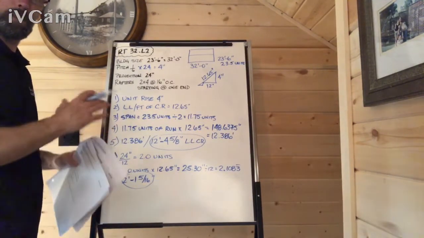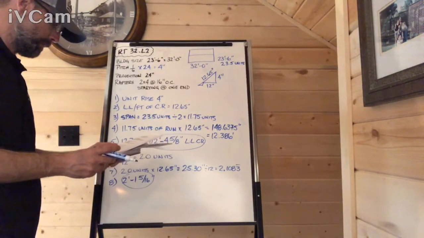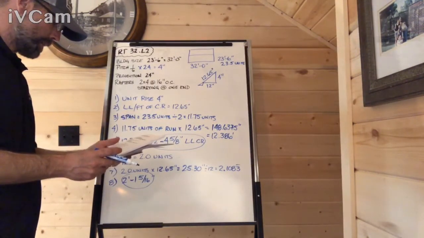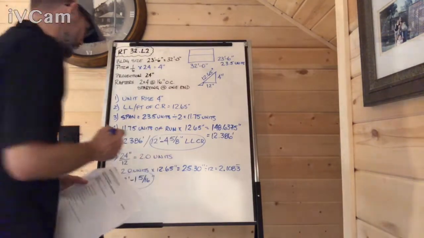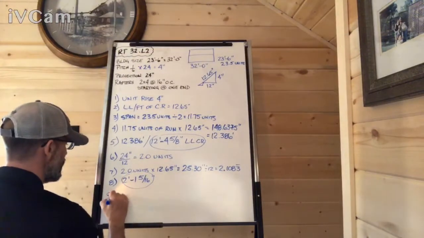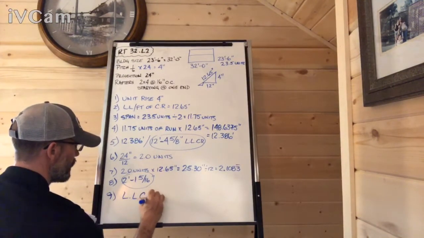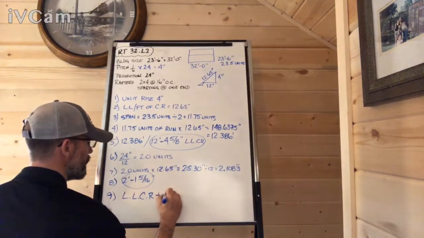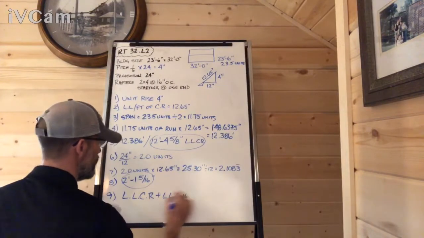So I'm going to erase this and carry on with number 9. Actually, let's do number 9 right now. Nominal length of the common rafter. We need the line length of the common rafter plus line length of the overhang, which I just did.